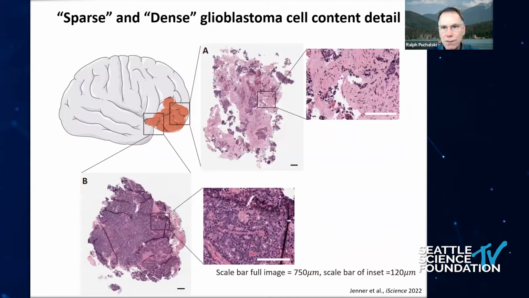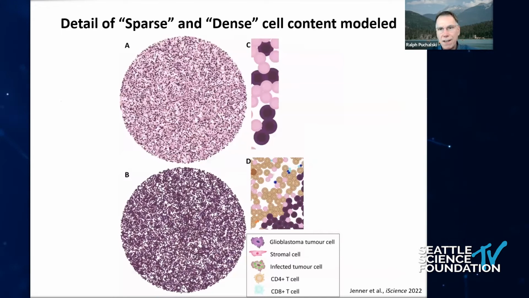And this schematic just shows a higher magnification detail than the previous slide, showing the difference in the cell content for the sparse at the top or the dense tumor cell sections at the bottom. Now, this schematic of the sparse in A or of the dense in B content was informed by the pathology scores, but a close-up shows what kinds of cells we modeled in each of these configurations.